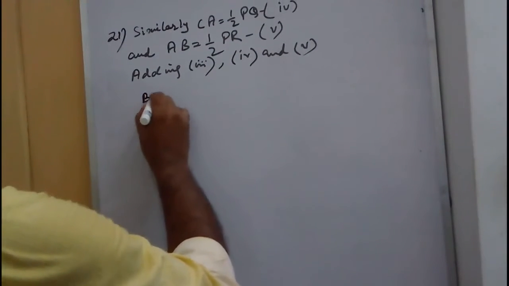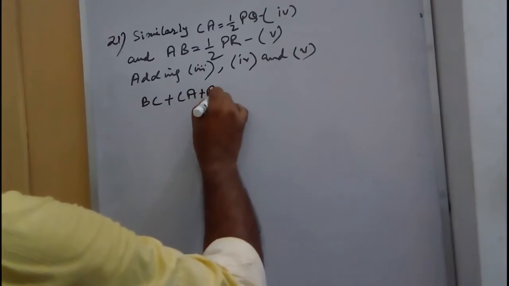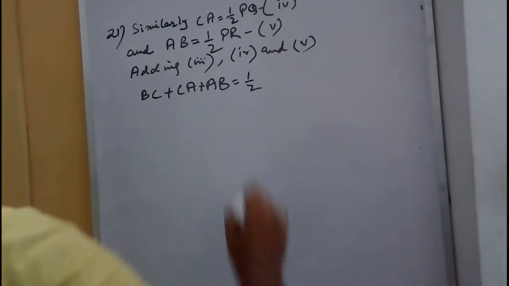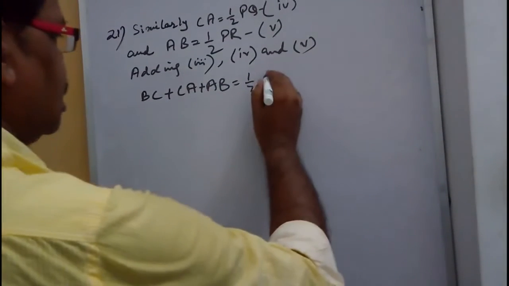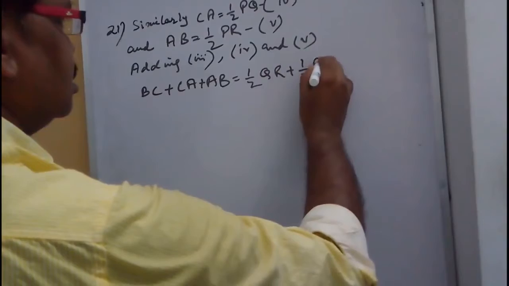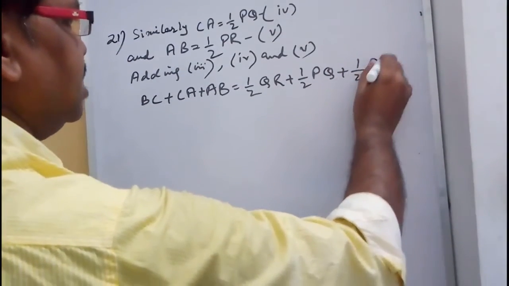So BC plus CA plus AB equal to 1 by 2 QR plus 1 by 2 PQ plus 1 by 2 PR.